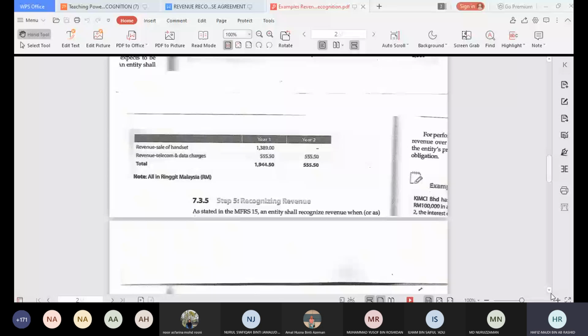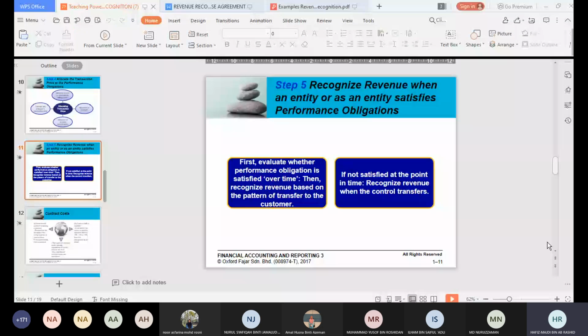Just one small issue before we move to other matters. If you look at page 183, there is a discussion of contract costs.